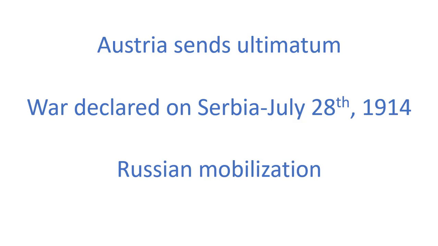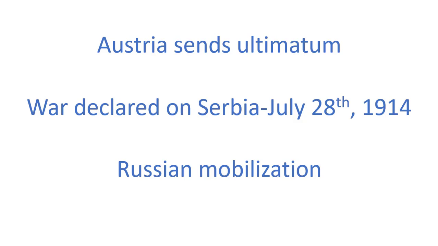Russia, which had interests in the Balkans and wanted to protect the Serbians, who were Slavic just as Russians were, began mobilizing its armies. The Tsar, Nicholas II, was told that Russian plans called for war against both Austria and Germany. Therefore, they could not mobilize against just one without throwing all their plans into chaos.